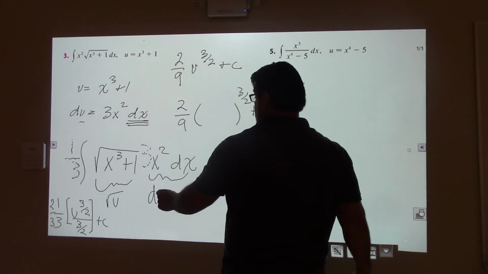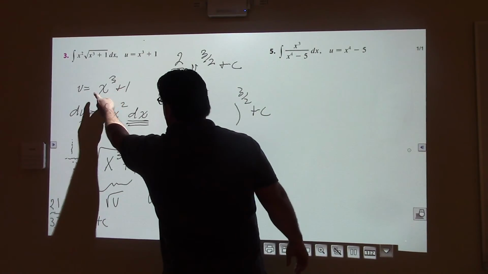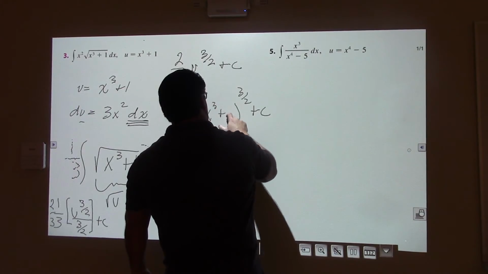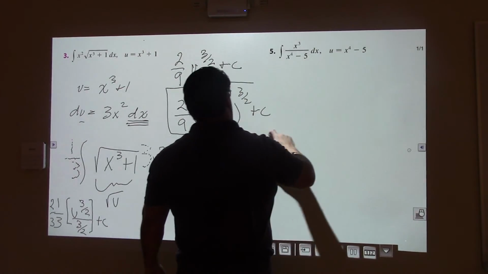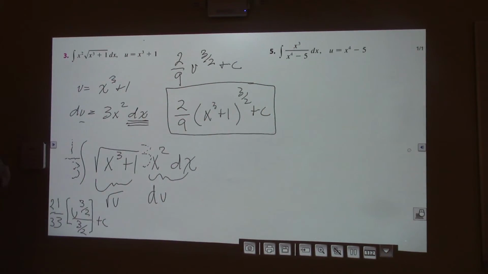Well, it's not square root. U is what? X cubed plus 1.